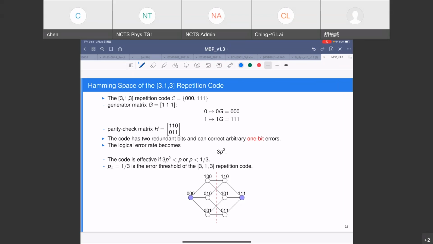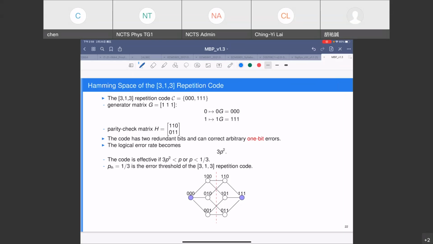The probability of a 2-bit flip error is 3p squared. The original physical error is p, but it goes from p to 3p squared. So the logical error can be decreased using this repetition code. That's the idea of the repetition code.